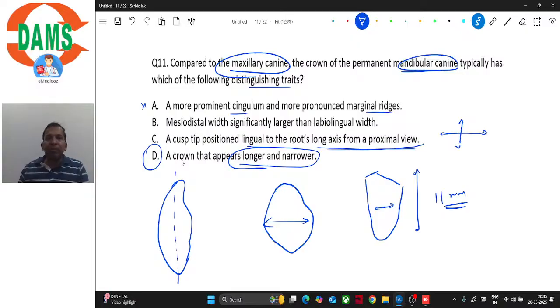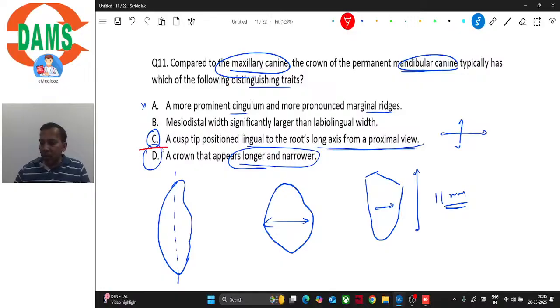So both options C and D are correct. But which of these two do you think is better? Is it option C or option D? Obviously we can't mark both of these options. One of these has to be better than the other.